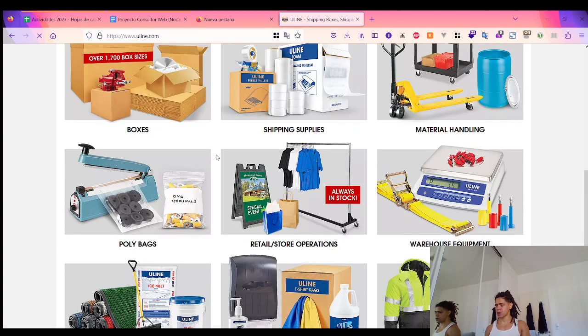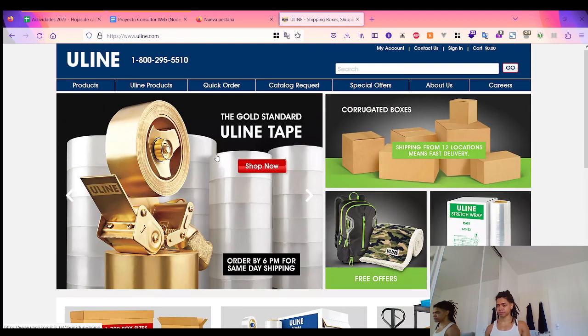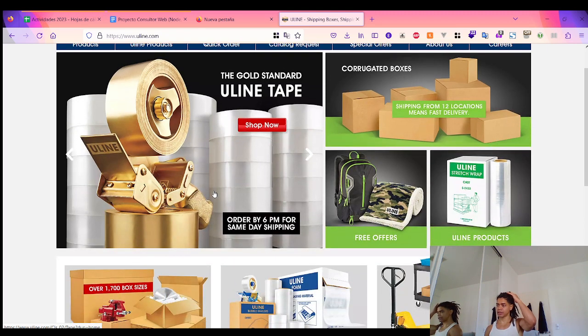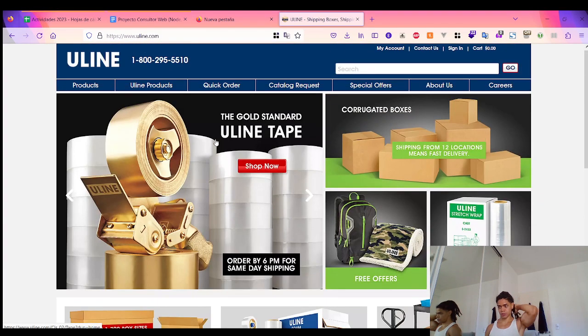So these manufacturers or distributors sell their products to other businesses. This is wholesale e-commerce, for same-day shipping.